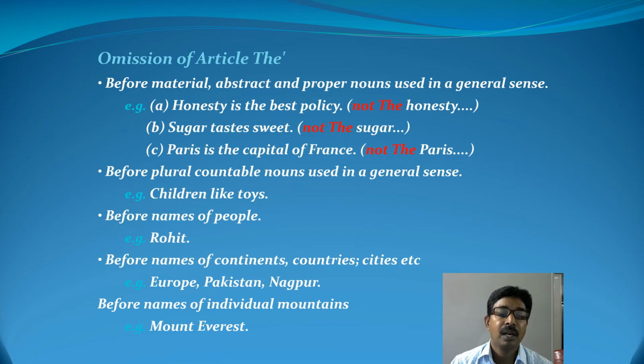For example, Rohit, but we don't say the Rohit. And before names of continents and countries, cities, etc., we don't use the definite article the. Example, Europe, Pakistan, Nagpur, etc. And we don't use the definite article the before names of individual mountains. For example, Mount Everest, but here we don't say the Mount Everest.